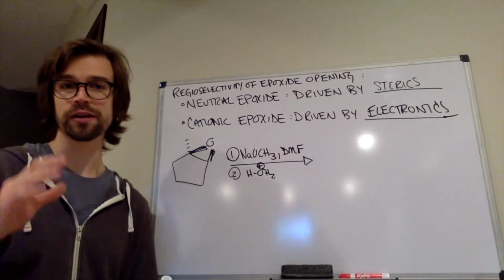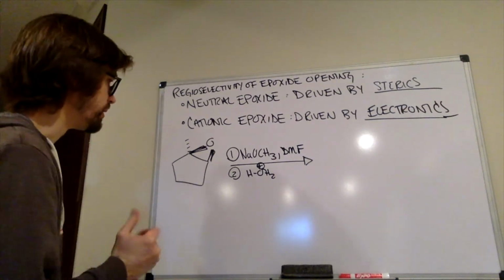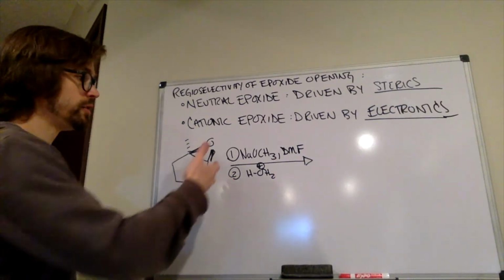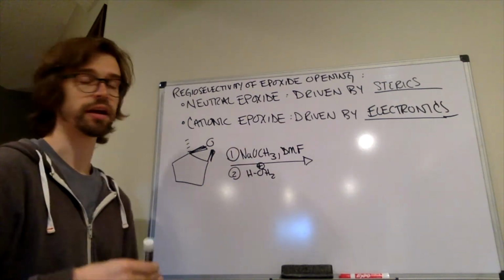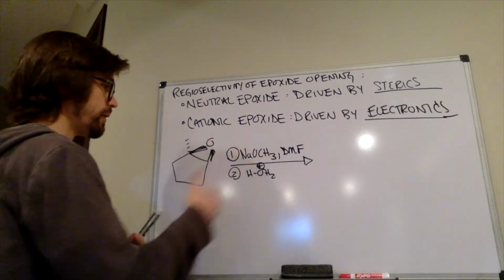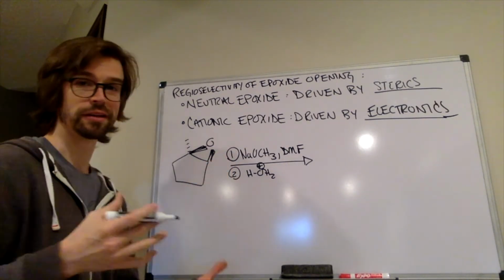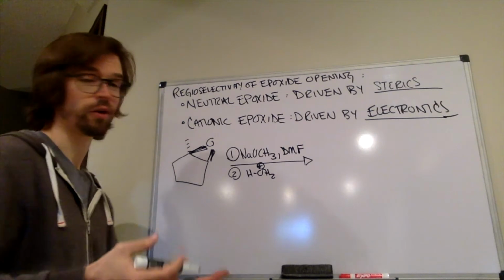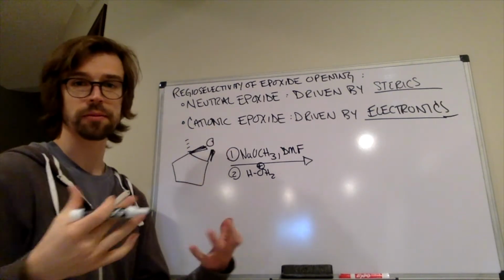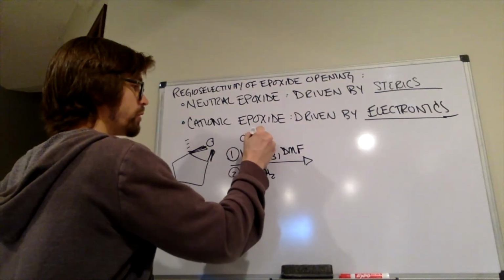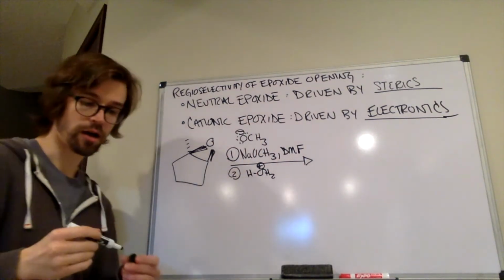This is time for you to pause the video and predict this product. All right, great, you did that. So sodium methoxide and a polar aprotic solvent: strong nucleophile, polar aprotic. This is going to be the neutral situation, right? We don't have an acid, we don't have anything that would allow this oxygen to pick up a proton. We just have a strong nucleophile, OCH3 minus.